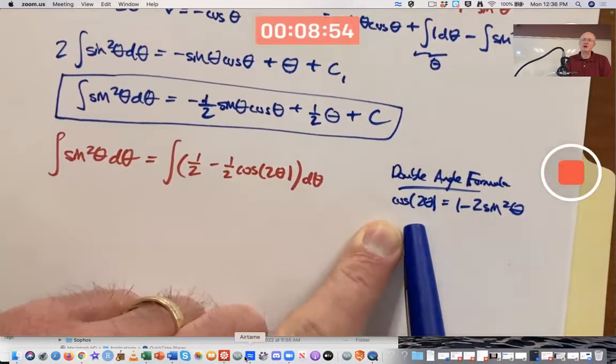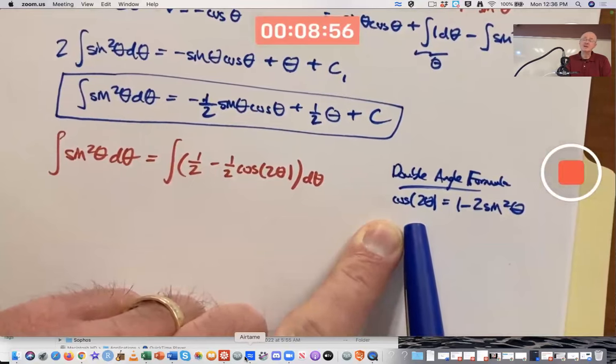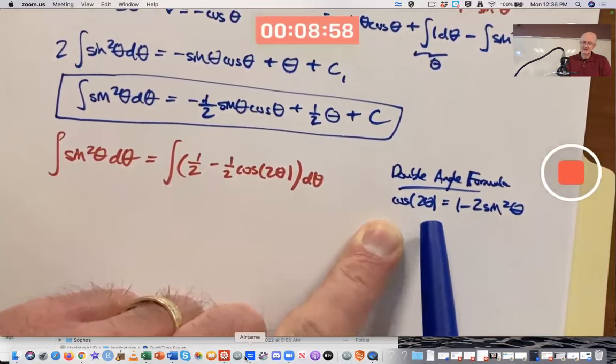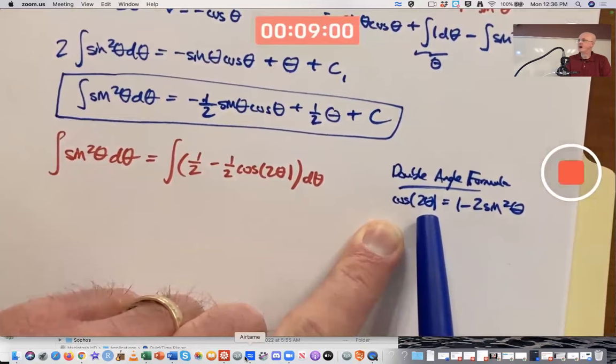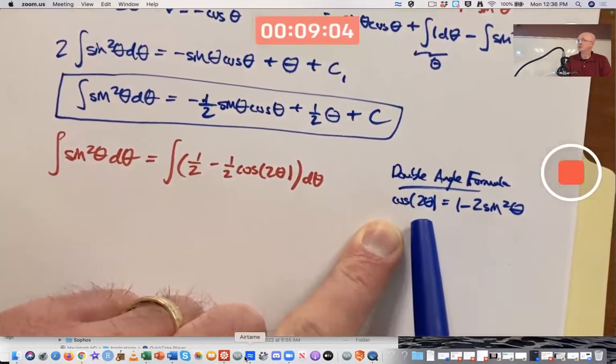On both sides, you get a 1. If you, for example, plugged in theta as pi over 4, 2 times pi over 4 is pi over 2. Cosine of pi over 2 is 0, excuse me.